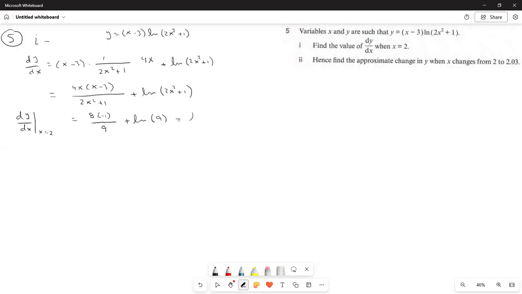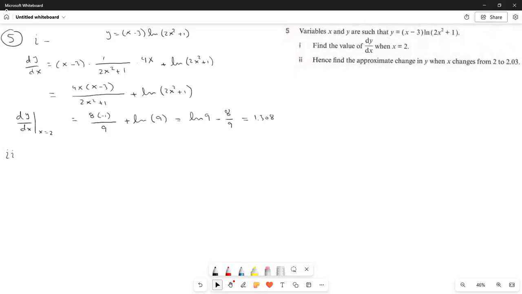We can write it as log of 9 minus 8 over 9. And if you want to find its numerical value, that is going to be 1.308.